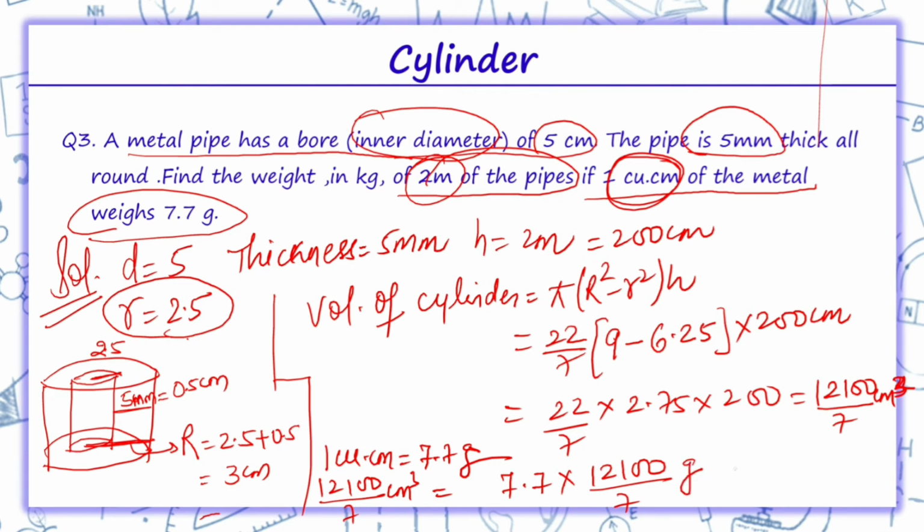We have to convert it into kilogram. This will come to be 13,310 gram. So if we divide it by 1000, we will get what? Kilogram. Thus the answer is 13.31 kg. So this is how we can find out the volume of the cylinder and the weight of the cylinder.